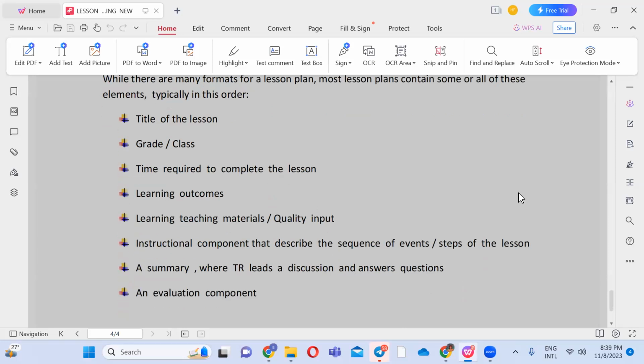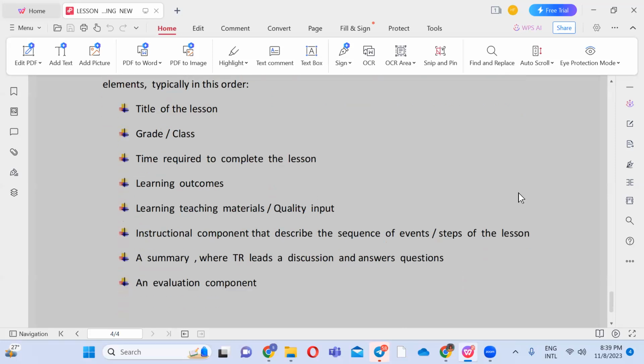So what are the components of a lesson plan? Typically, if you take any lesson plan, this is the order. Can one of you read the elements of the lesson plan in order? Okay, ma'am. First one, title of the lesson. Second, grade or class.